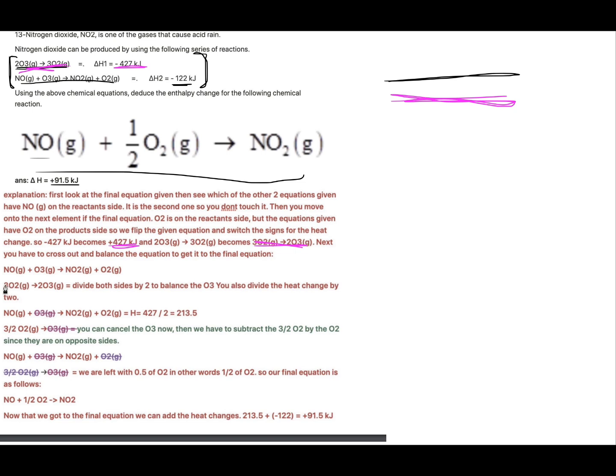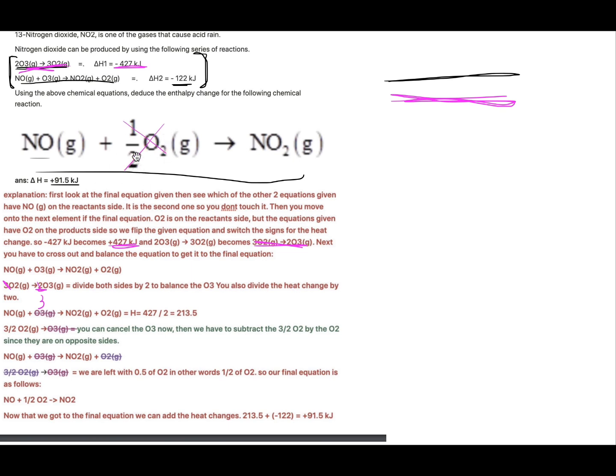If we divide it by 3, this is going to be just O2, and this is going to be 2 over 3 O3, right? Again, this won't work because you only have one O2 here and then one O2 on the other side. If you write it down, you're going to see that it's just 1, 1, and since it's 1, 1, it's just going to cancel each other, and O2 will not exist in the equation.